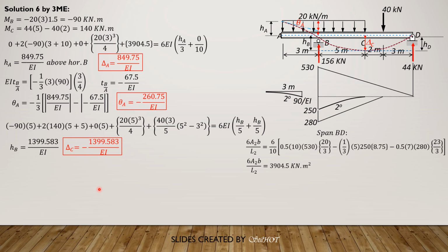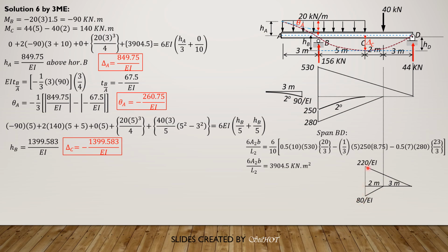Finally, the better deviation to compute is the deviation of D relative to C, because we only have a smaller area here. So remember, that's 40, and the moment due to 44 about this end, from area moment theorems, is 220, or 44 times 5 to 20 over EI, and 40 times 2 is 80 over EI.